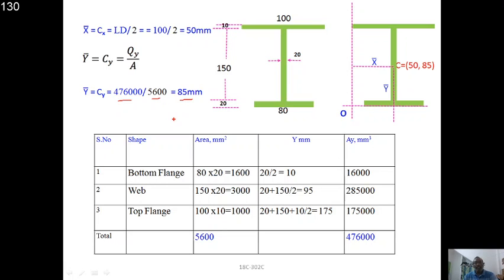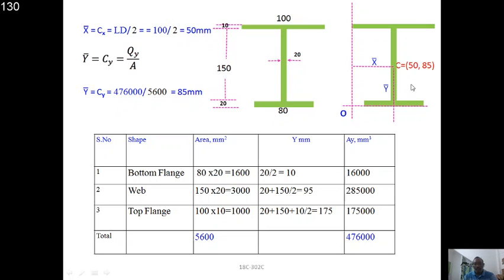We have already understood that it is symmetric about the axis parallel to the y-axis, hence x bar is equal to L by 2. The greatest distance in the x dimension, out of 80 and 100, 100 is the largest dimension, therefore 100 by 2 is 50 mm. So 50 mm is the x bar and y bar is 85 mm.